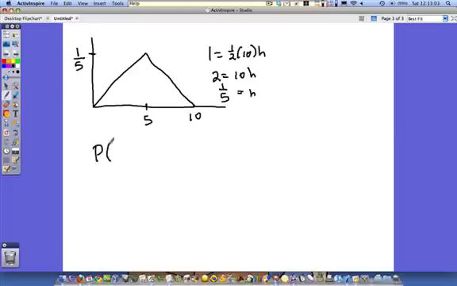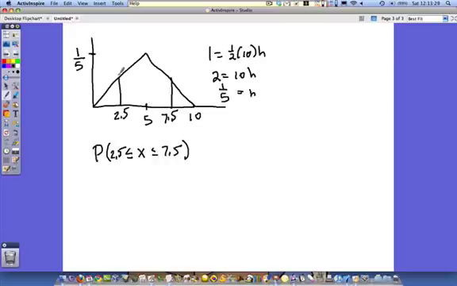Now suppose we're trying to find the probability that x is between 2.5 and 7.5. Okay, if we draw that, it's going to look like this, 2.5 and 7.5. Notice how this is halfway to the middle, and this is halfway from the middle.